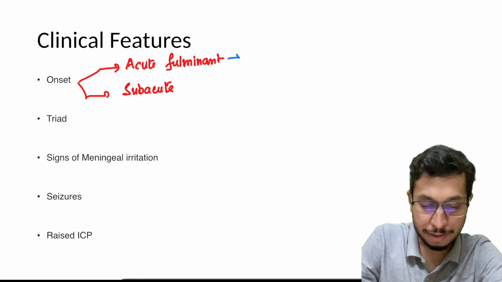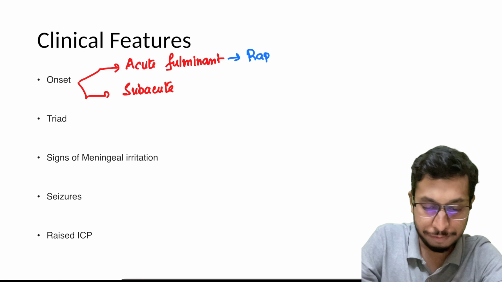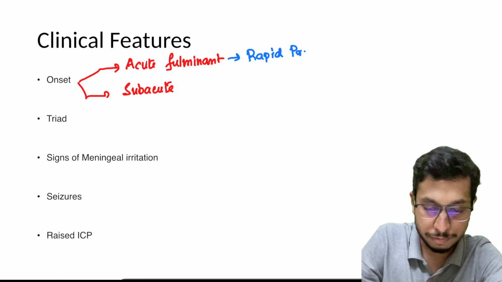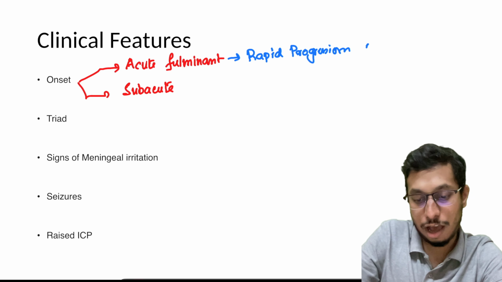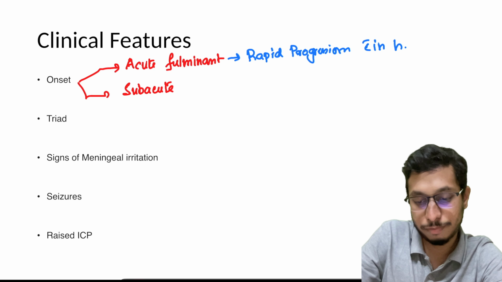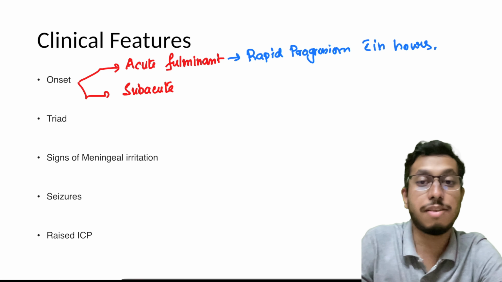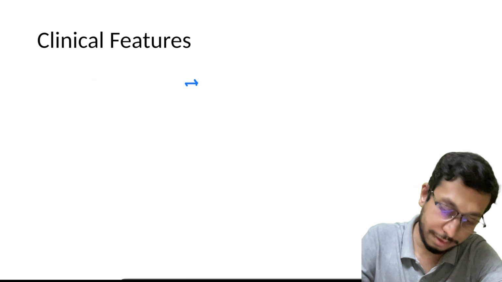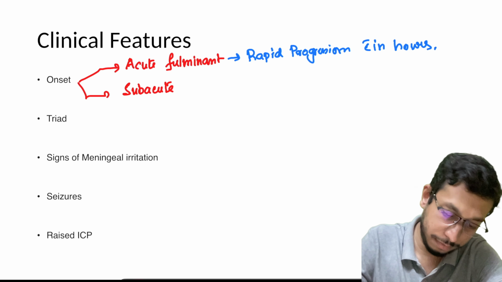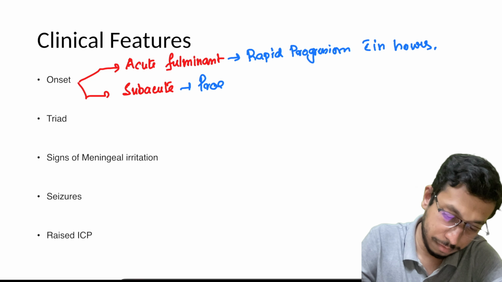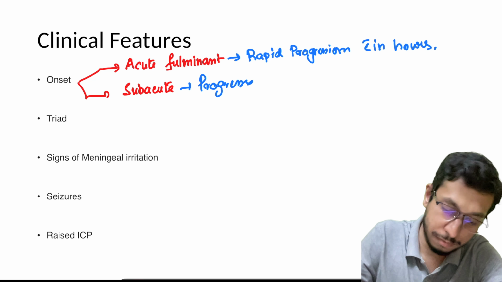Acute fulminant presentation has rapid progression within hours, and subacute presentation progresses over several days.